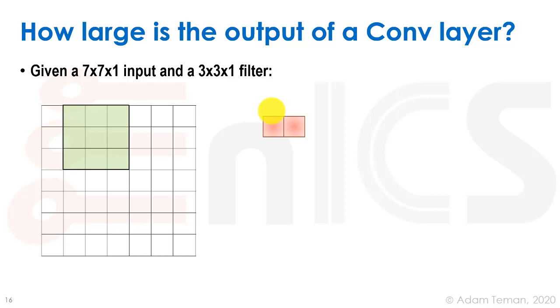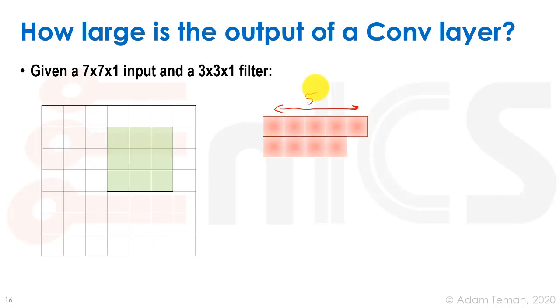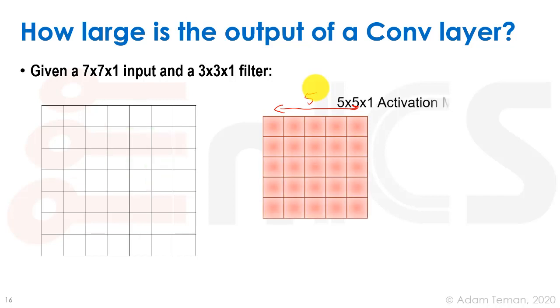Then we slide the window over. We do another 9 multiplications and additions, and we get the second output over here. We continue to slide again and again until we get to the end of the row, and we have a total of 5 of these pixels. Now that we finished that, we can go down a row and do these convolutions again, and then move down a row, and finally, once we've moved down all the rows, we get a 5 by 5 activation map.